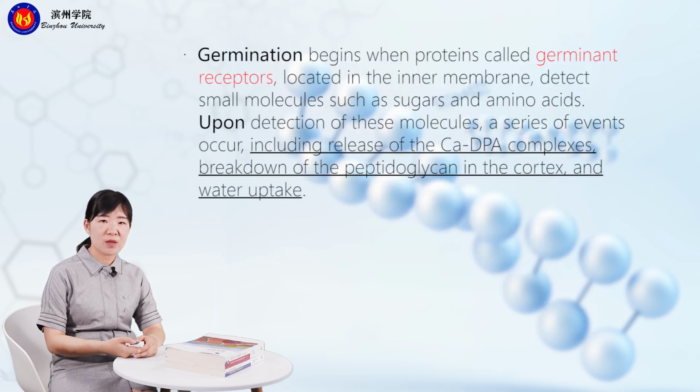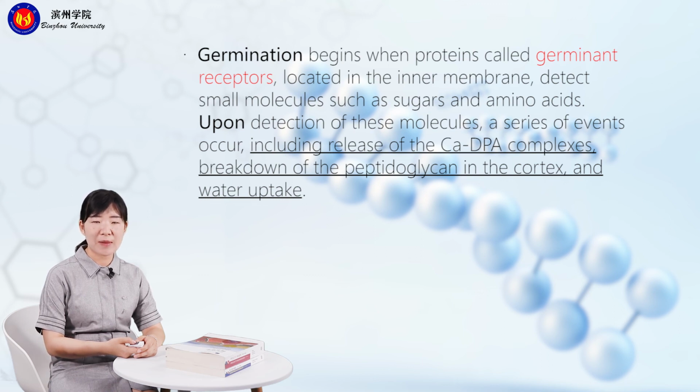Germination begins when proteins called germinant receptors located in the inner membrane detect small molecules such as sugars and amino acids. Upon detection of these molecules, a series of events occurs, including release of the calcium DPA complexes, breakdown of the peptidoglycan in the cortex, and water uptake.